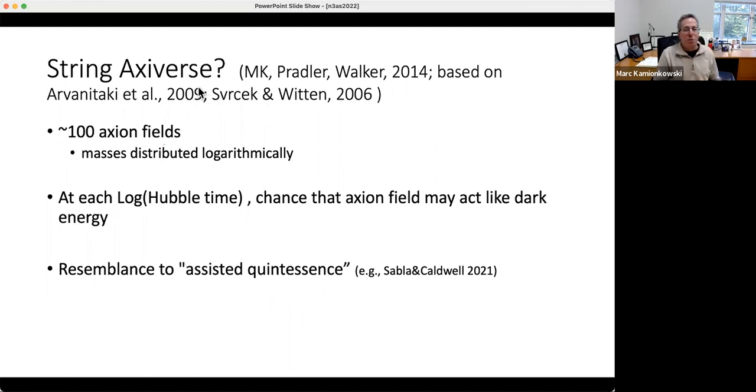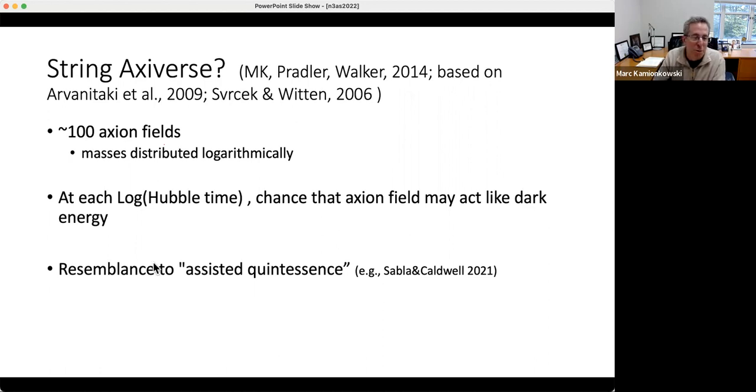Another possibility comes from the string axiverse, where there's several hundred axion fields that have low masses that are distributed logarithmically. And then in each logarithm of the Hubble time, there's some chance that one of these axion fields may act like dark energy. So that's another possibility to account for recurring periods of cosmological constant-like behavior.